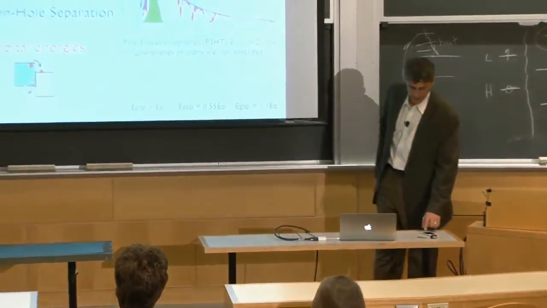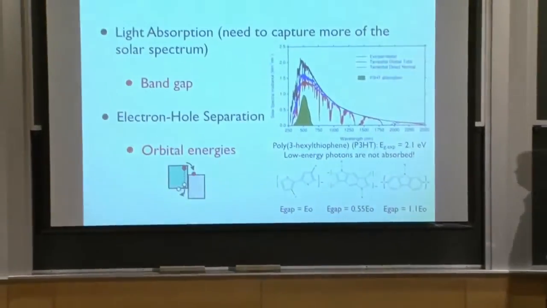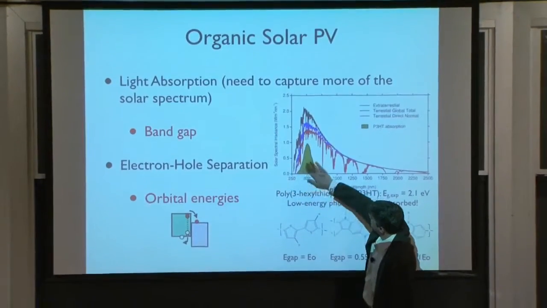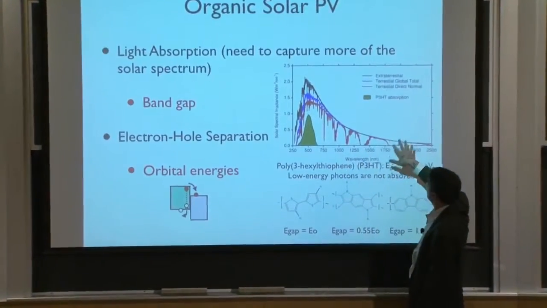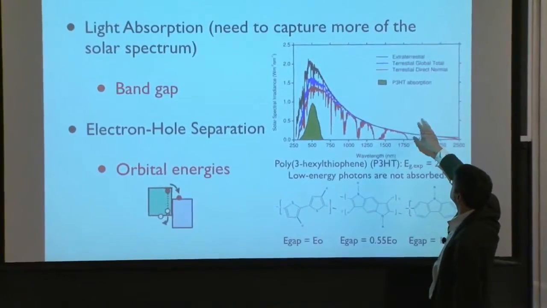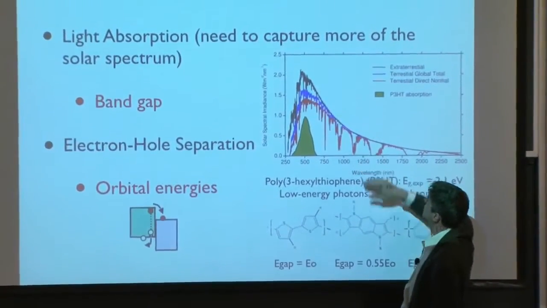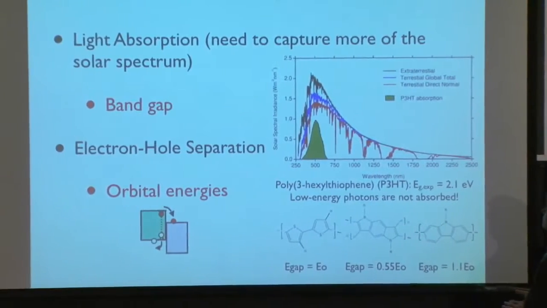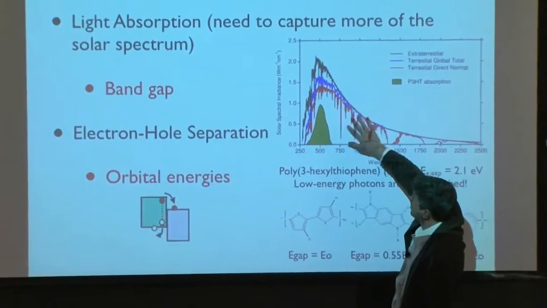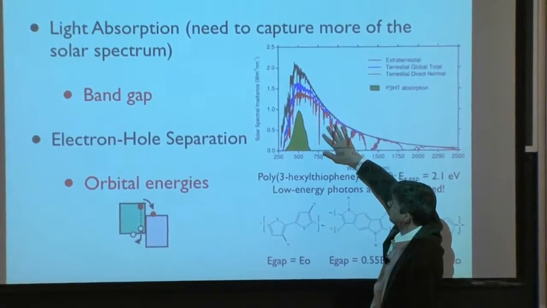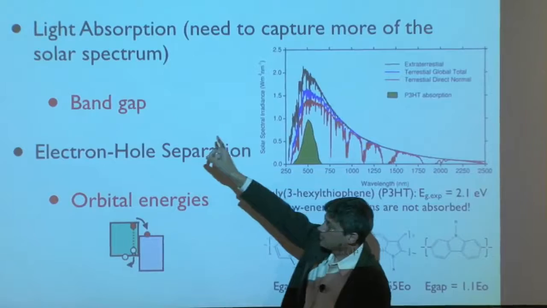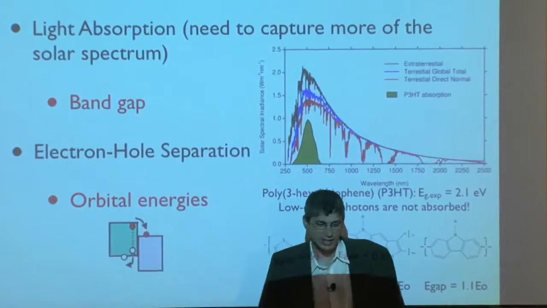Okay, now in organic PV, as I already mentioned, let me get to that. But look at this. This is the solar spectrum, and often we like to plot several of them. These are just the sun, whether you're on the Earth or how you measure it. But now here's the key. This is the absorption of a polymer that can make an organic cell.